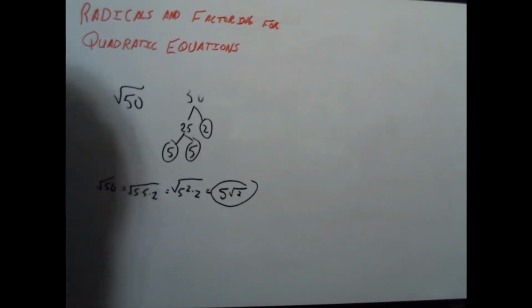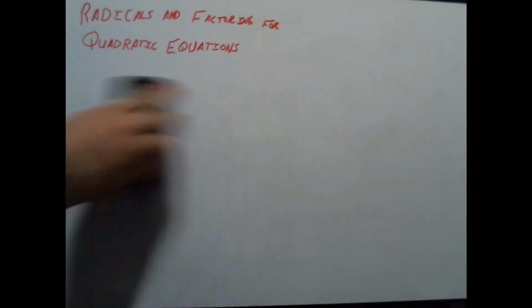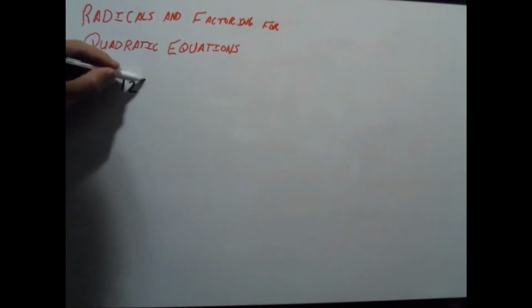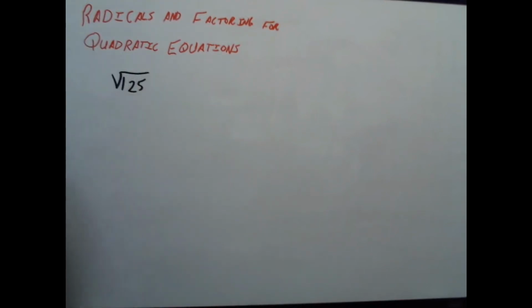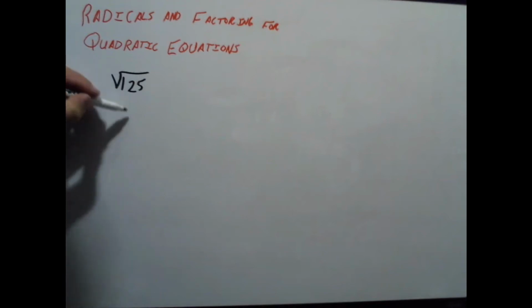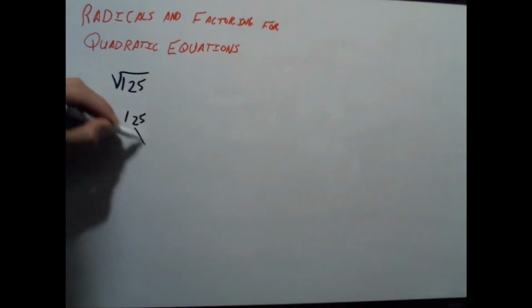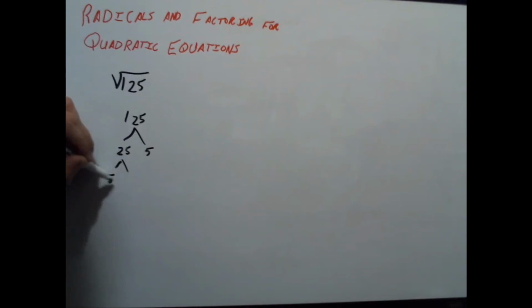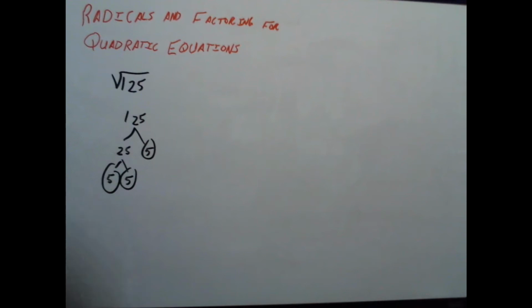I'll do another example. Let's say I have the number 125 and I take the radical of 125. What is that? Well, I take 125 and that breaks into 25 times 5, and that breaks into 5 times 5. And those are all prime numbers.